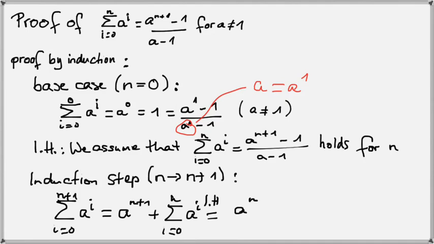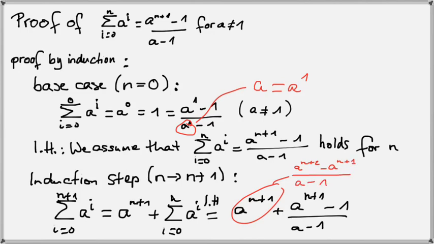We have the sum up to n plus 1, for which we want to prove that it equals, if you plug n plus 1 into the right hand side, a to the n plus 2 minus 1 divided by a minus 1. So we split off the last term, which is a to the n plus 1. The remaining part is something we already know: the sum from i equals 0 to n of a to the i, which by the induction hypothesis is a to the n plus 1 minus 1 divided by a minus 1.